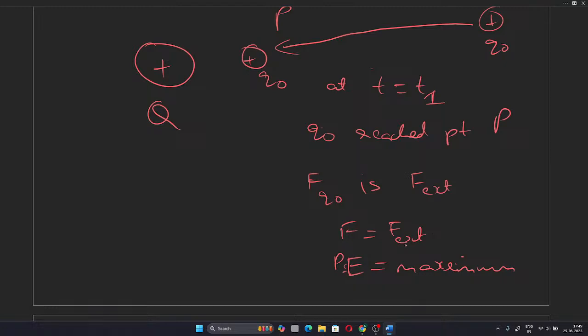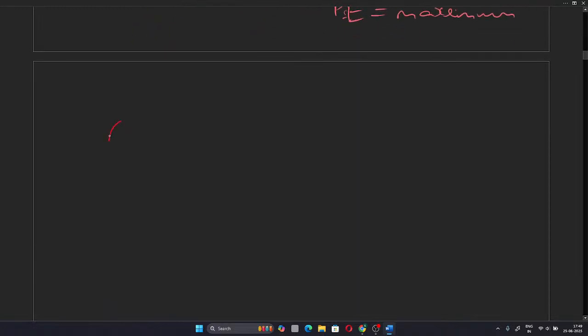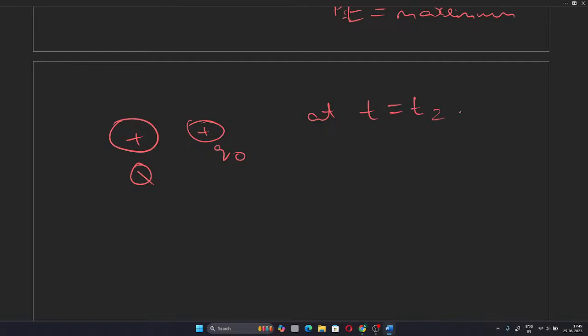Now from this configuration, at the same configuration, at time t equals t2, let's say that force on test charge Q naught, F, I'm not talking about the net force, but the external force reaches 0.